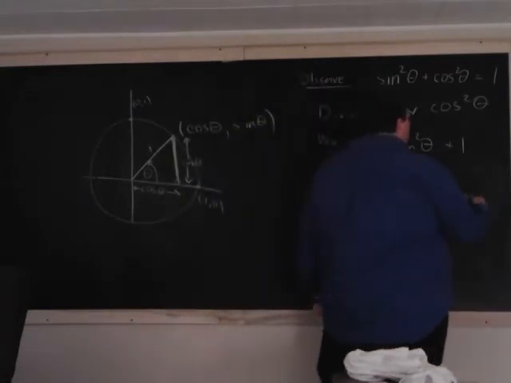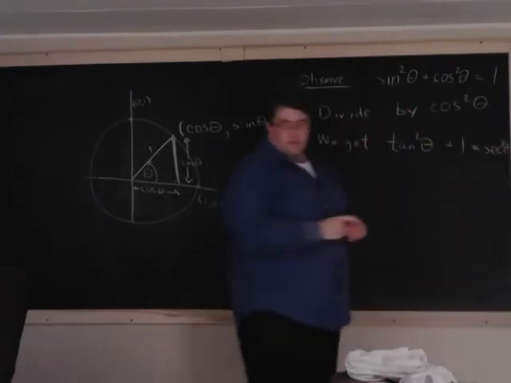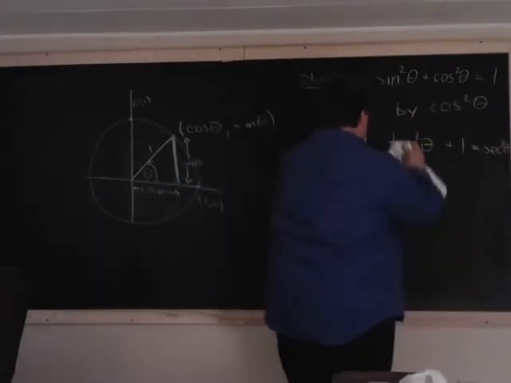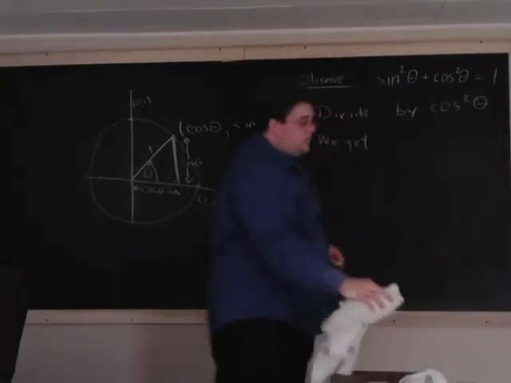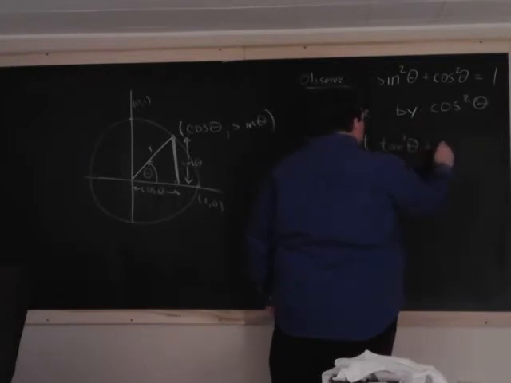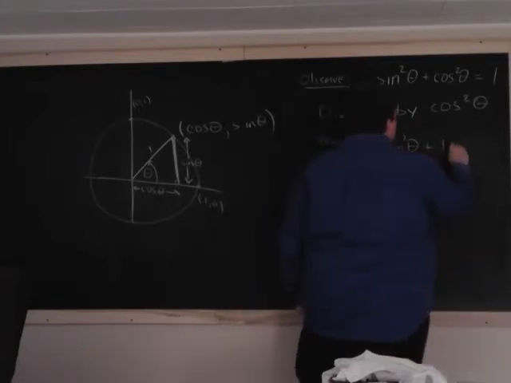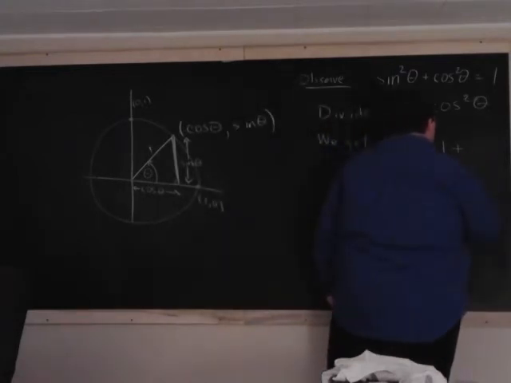Divide the other thing by cosine squared. You get 1 over cosine squared. So we divide the entire equation by cosine squared. Sine squared divided by cosine squared is tangent squared. Cosine squared divided by itself is 1. 1 over cosine squared is secant squared, because the reciprocal of cosine is secant.